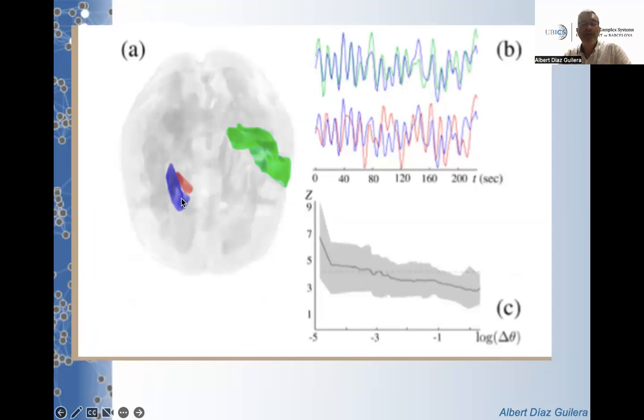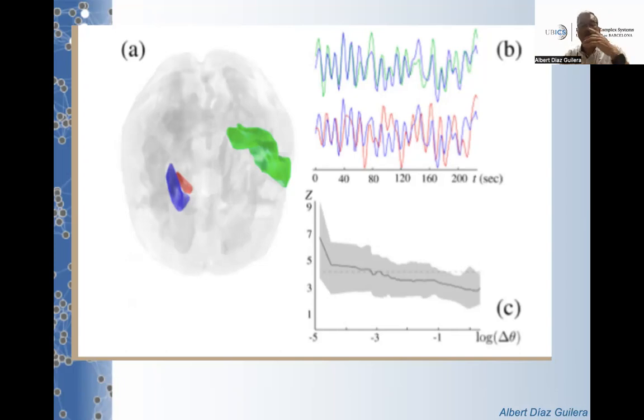But the red and the blue, which are very close, are not so much synchronized. So in this construction, the blue and the green areas of the brain are synchronized. In our functional interpretation, we can say that they are functionally connected because, according to some activation of the brain, their dynamics are well synchronized.